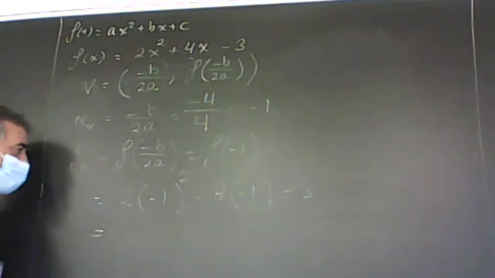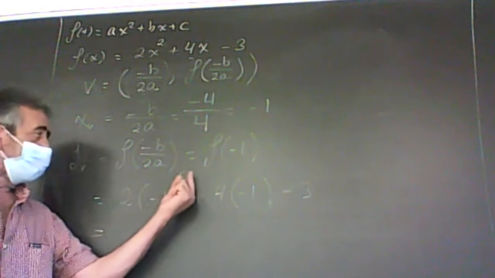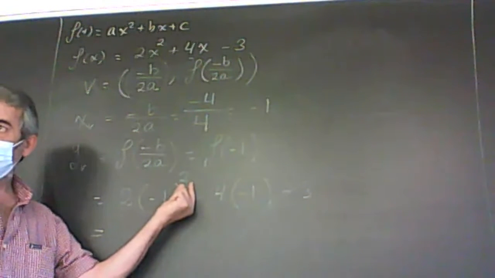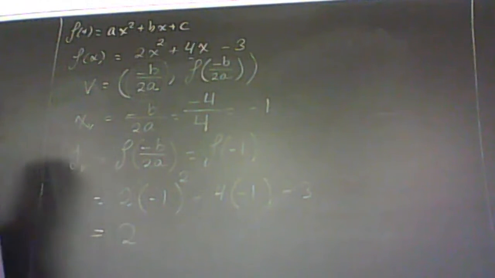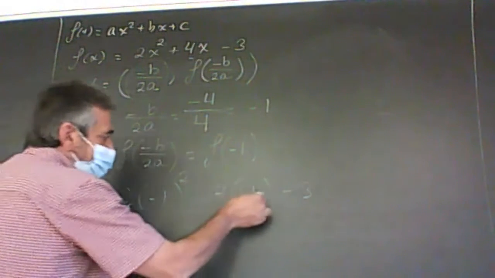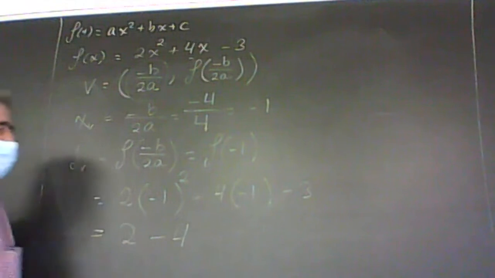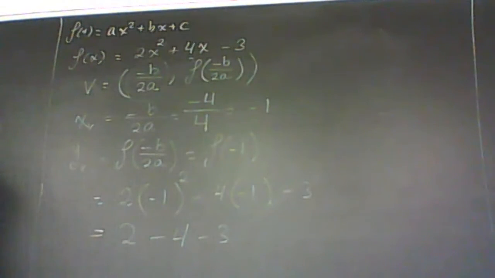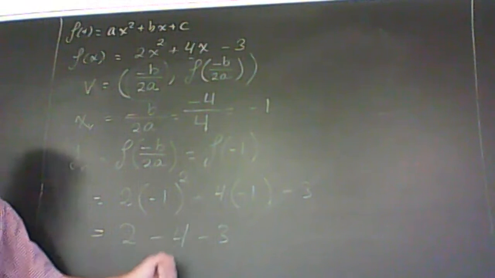So now let's evaluate this. Negative 1 squared is 1. Yes? 1 times 2 is 2. Clear? Okay. Positive 4 times a negative 1 is negative 4. And then we have a minus 3 there. So 2 take away 4 is negative 2.